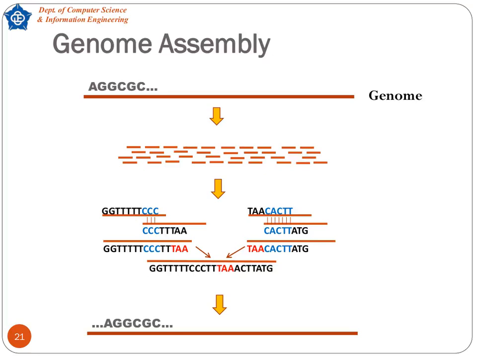On the right, a second read overlaps through C, A, C, T, T, and carries on into A, T, G. By detecting these overlaps, we merge the first and second reads into a longer contig. Finally, in the bottom panel, those merged segments recreate a continuous stretch of the genome. In practice, this overlap and merge process repeats across millions of reads to reconstruct the entire original sequence.